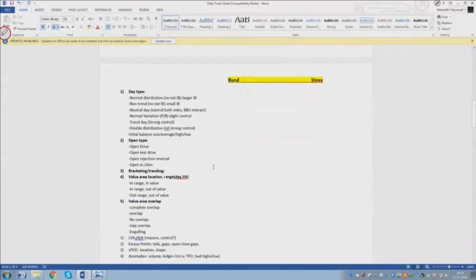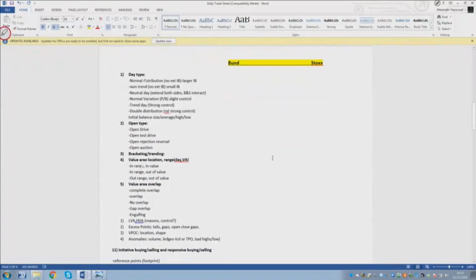Then we would move on to utilizing or creating our template using volume profiling. As you can see, we would start off by identifying the previous day type or the potential day type. Straight away, this would be done somewhere within the first hour of trade.